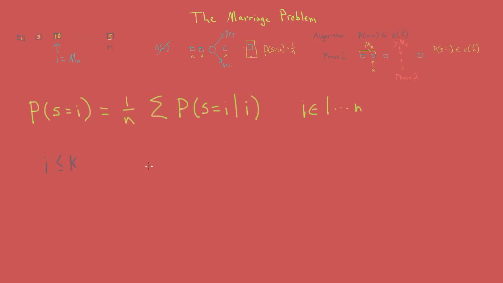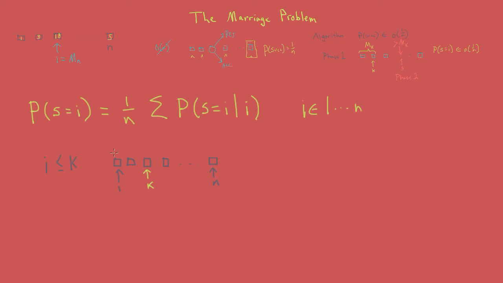So let's say that I is less than or equal to k. If we drew this diagrammatically, we would have our sequence of objects. This is the nth object. This is the first object. We'll call this the kth object.